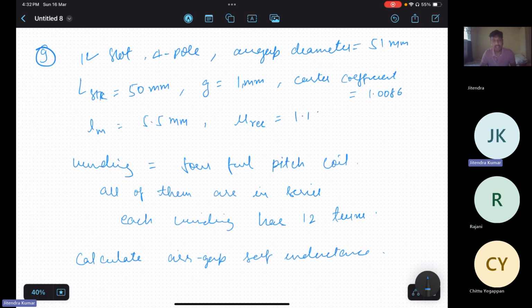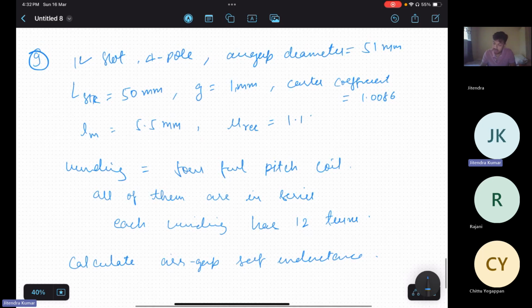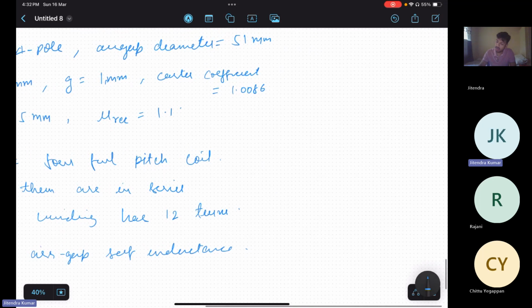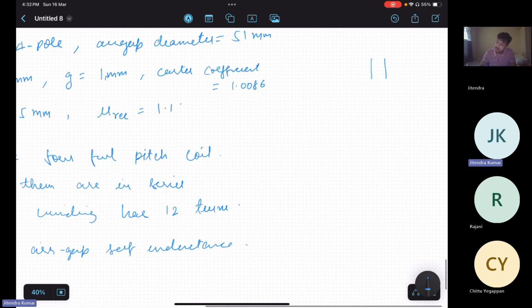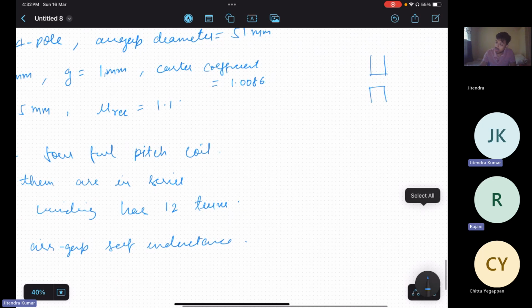Sir, what is Carter's coefficient? Okay, so let's suppose we have two cores, and in between there is an air gap. Flux from the first core is coming and linking to the second core through the air gap, but there will be some leakage, isn't it? Yes, sir.